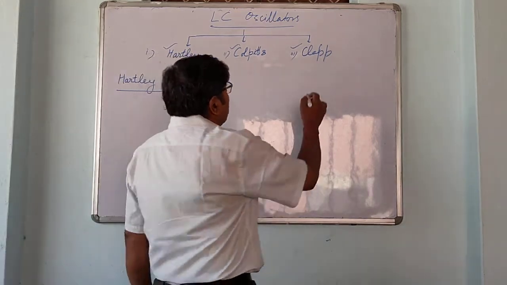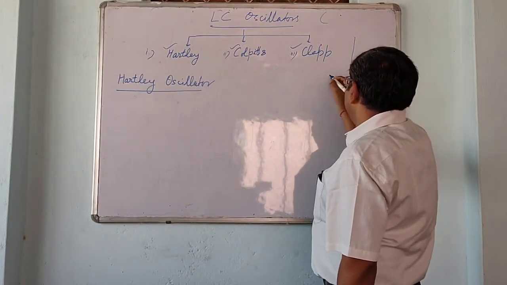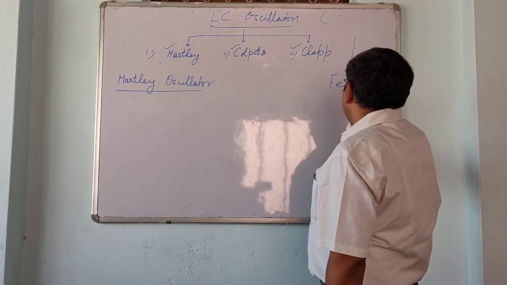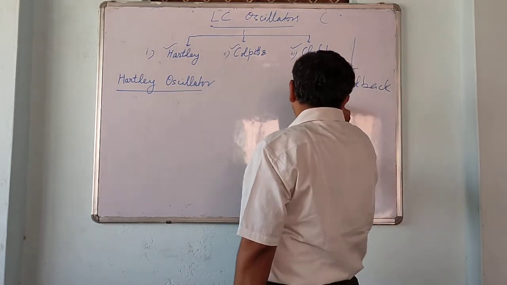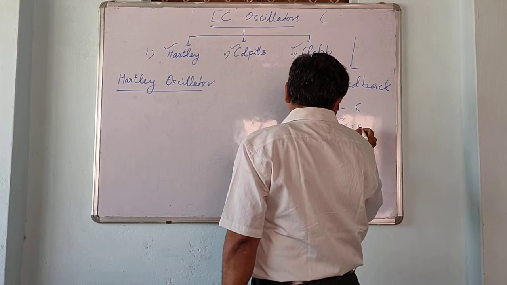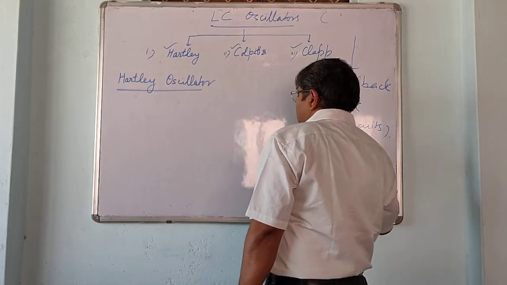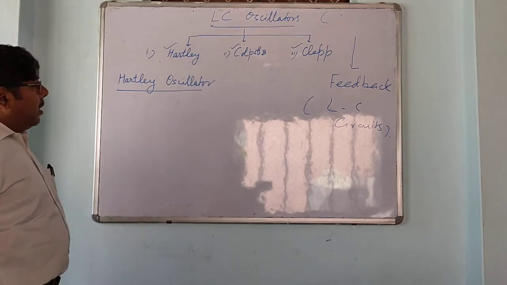In an LC oscillator, the feedback network uses LC circuits. First we will take the Hartley oscillator.